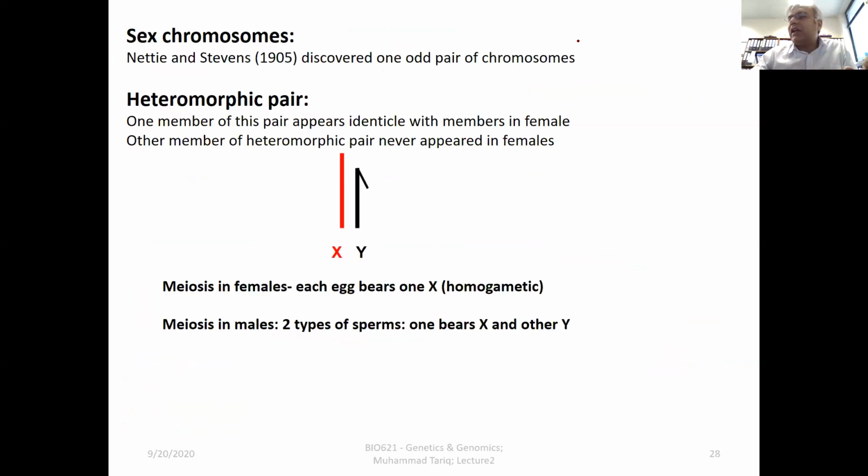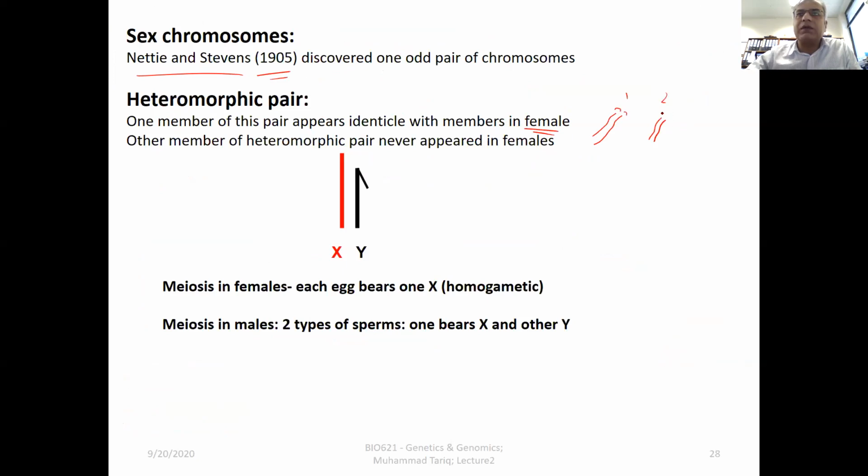They went back to the literature and found that in 1905, Nettie Stevens, under the microscope, had already discovered that in females all chromosomes look the same. Let's say if this is chromosome 1, it exists in pairs.